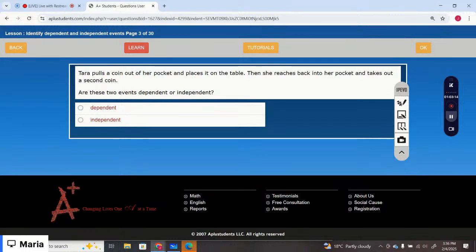They are the dependent events because for the first time, for example, if she has four coins in her pocket, for the second time, she has three coins because she already picked one, so they are the dependent events. Option number one is the correct option.